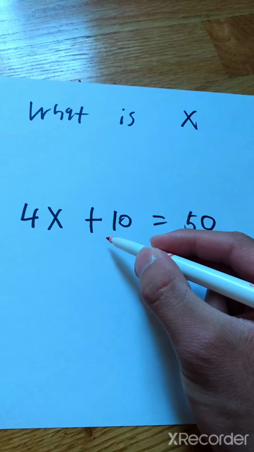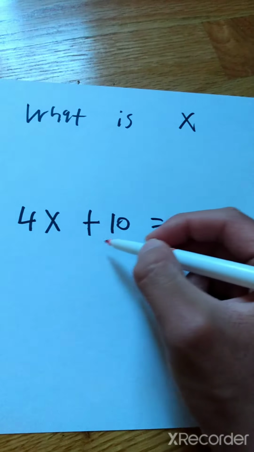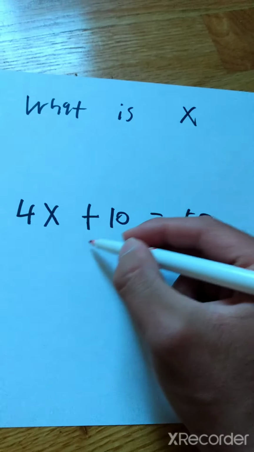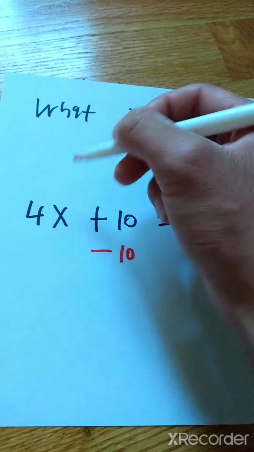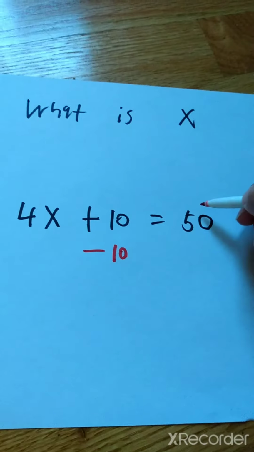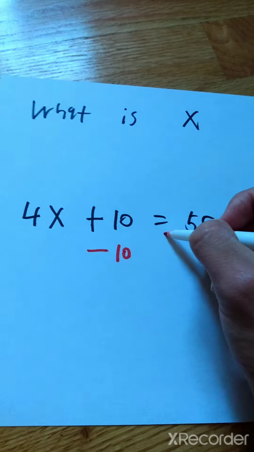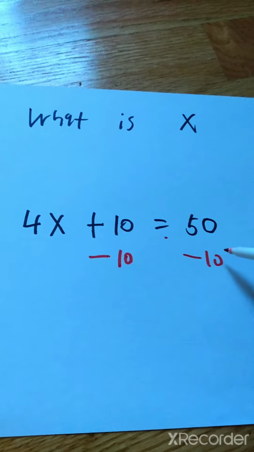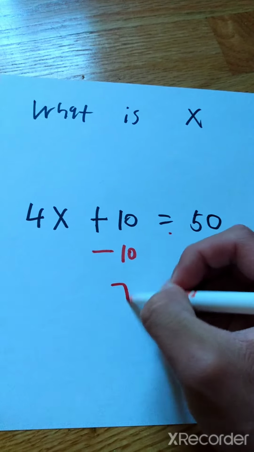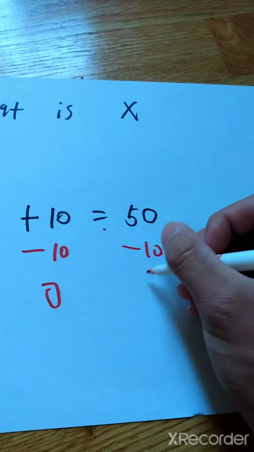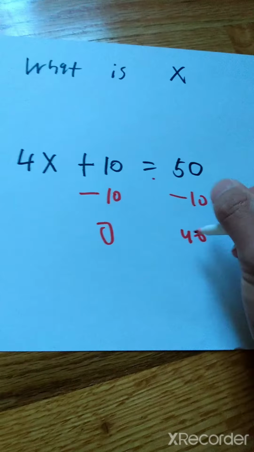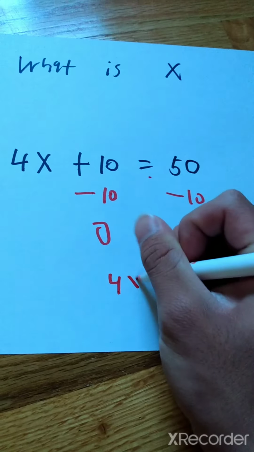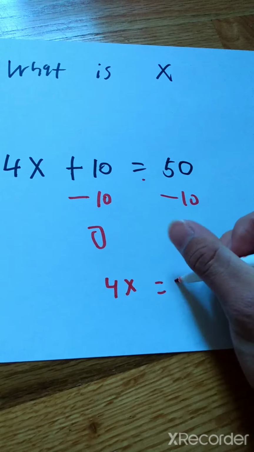Like 4x plus 10 equals 50, what we have to do is take that 10 and subtract 10, so we can get it out of this place and put it right behind the equal sign. So if you minus both sides by 10, 10 minus 10 is 0, and 50 minus 10 is 40. So what we have left is 4x equals 40.